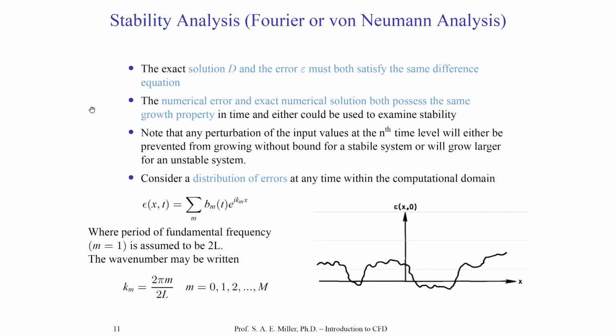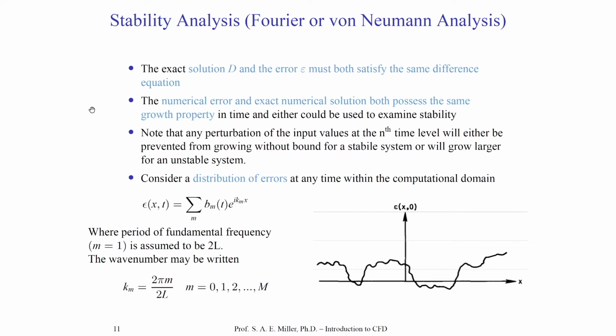Also note that we can add in perturbations in the input value for some particular time level n, and they'll either be prevented from growing without bound for a stable solution, or will be growing larger and larger for an unstable solution. For example, if at some time level n, for example 10, I perturb my solution by a value of epsilon, and I then let n grow larger and larger, I'll see that the solution blows up.